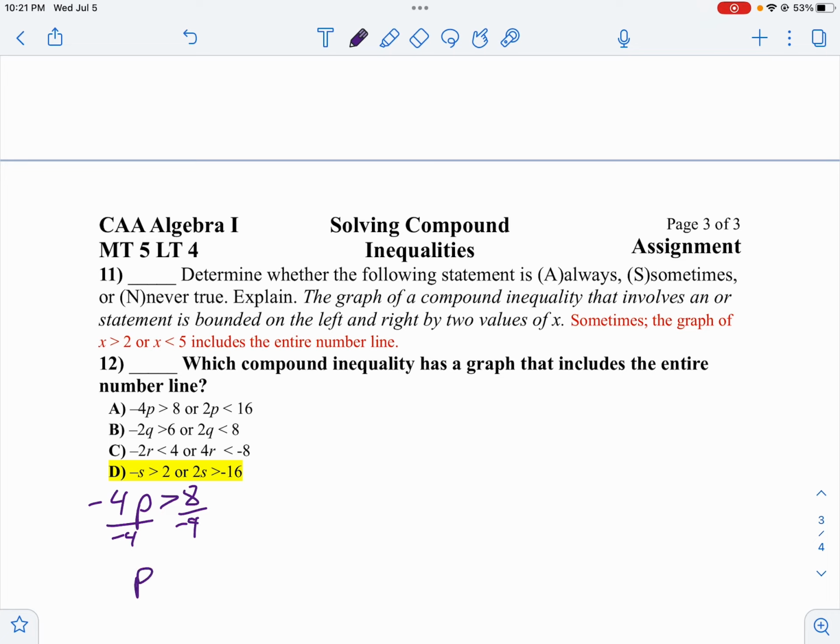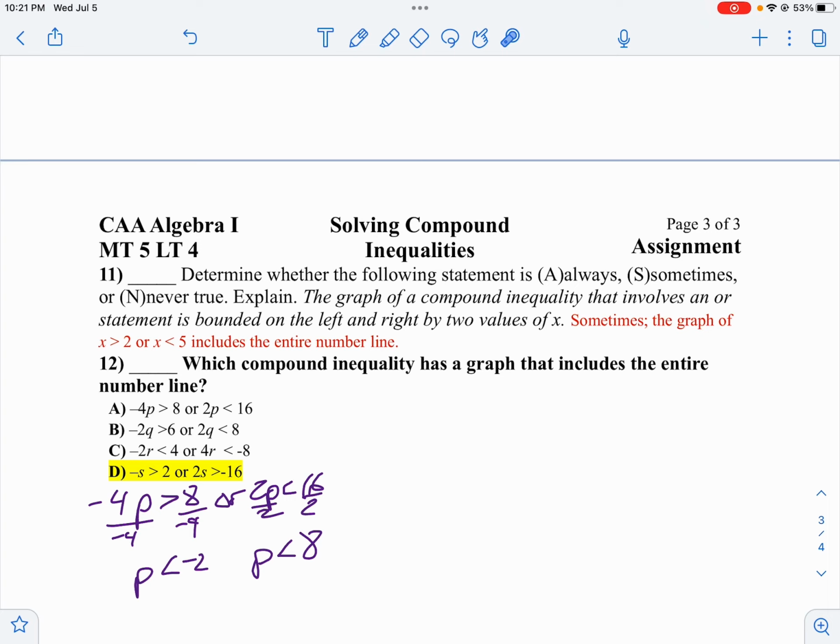P would be less than negative 2. Or, if I do 2p is less than 16, divide by 2. P is less than 8. Now, notice they're both pointing the same direction, aren't they? So there's no way it's going to be the whole number line. It's going to start at 8 and just go to the left. That's not my whole number line.